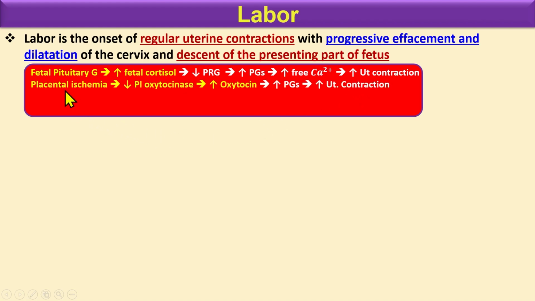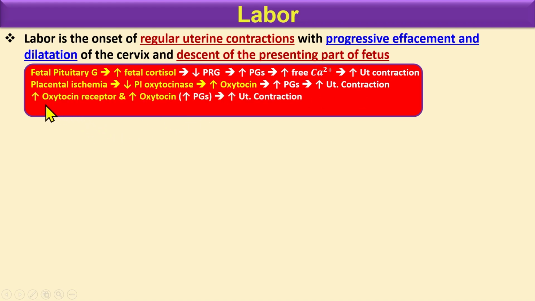Second, placental ischemia decreases the oxytocinase, the enzyme which destroys the oxytocin. Oxytocin also increases the prostaglandin. So if this enzyme is decreased, the oxytocin level will increase, so prostaglandin increases and uterine contraction increases.